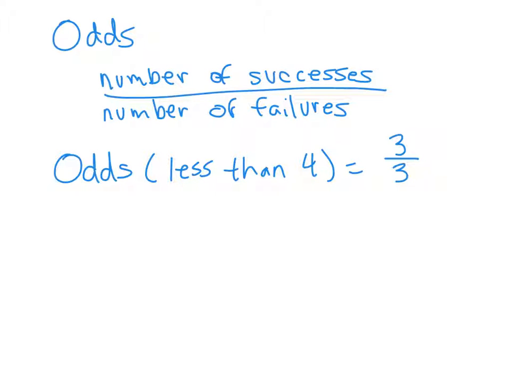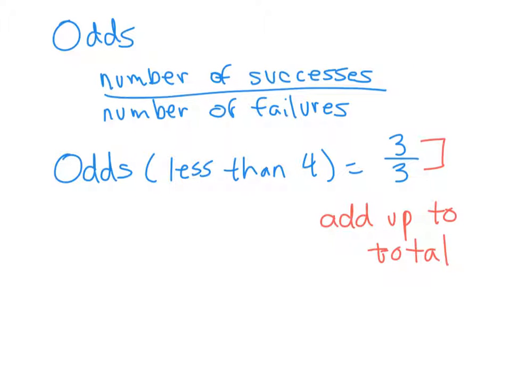So we will do 3 over 3. If we were doing probability, it would be 3 over 6. But in odds, it's 3 over 3. So in other words, the 2 things add up to the total, whereas on probability, the total was on the bottom. So that's the basic difference between probability and odds.